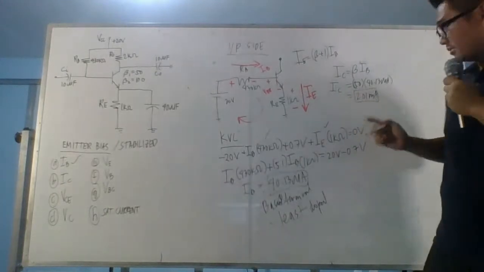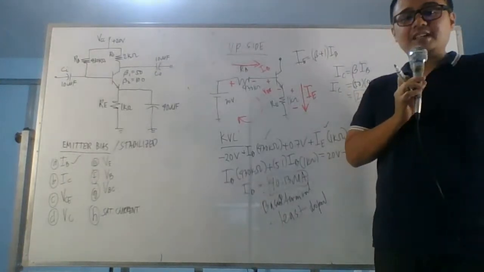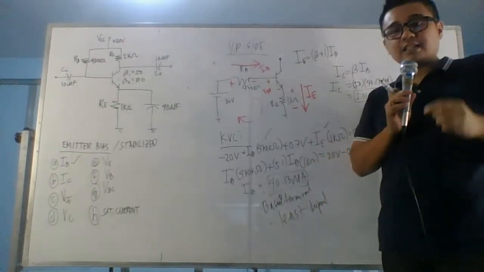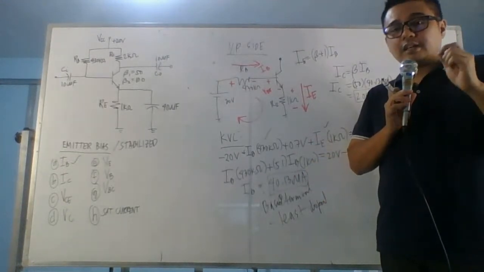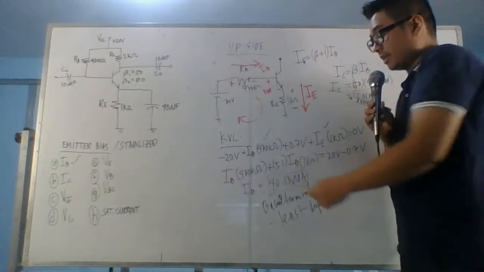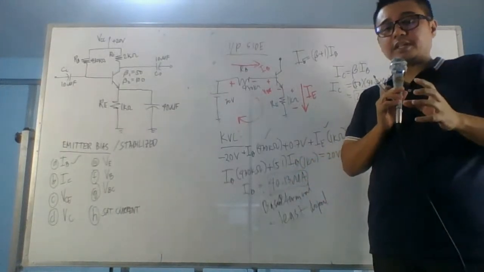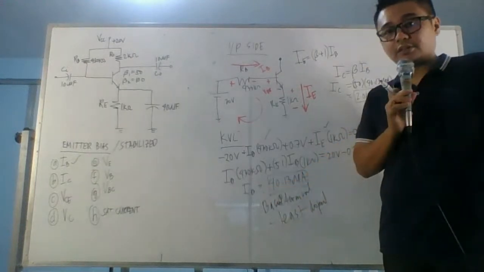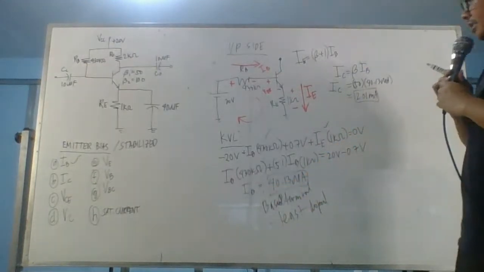The question is, bakit naka-milliamperes yung IC at ang IB ay naka-micro? Because IC has far more greater value compared sa IB kasi the collector terminal is more conductive compared to the base terminal of your BJT.